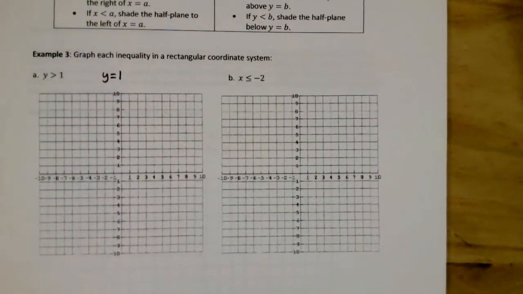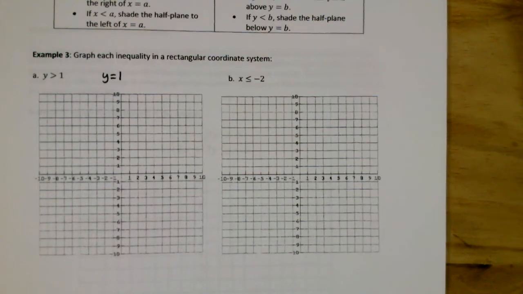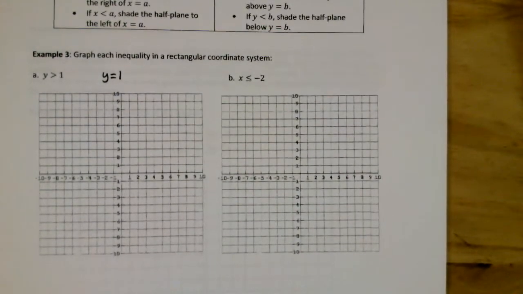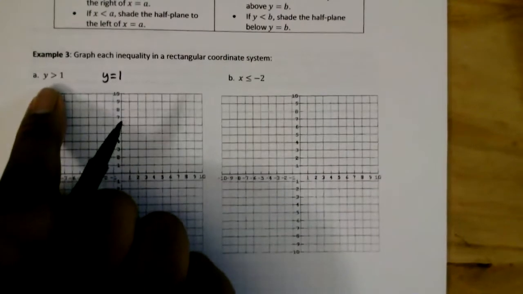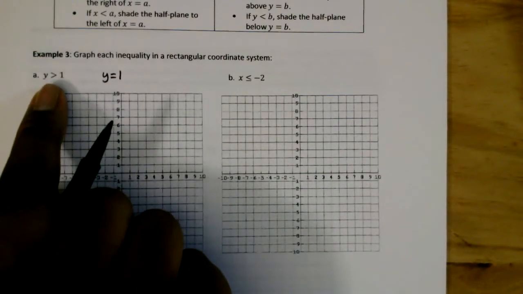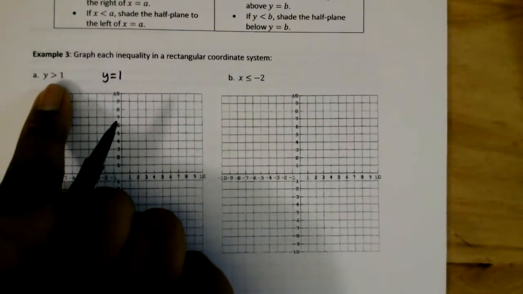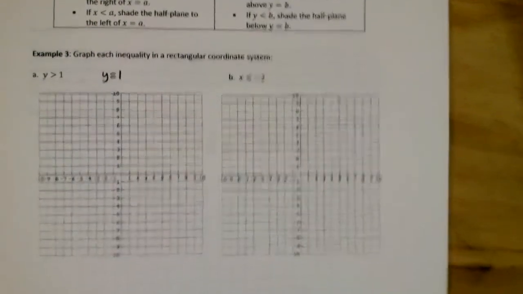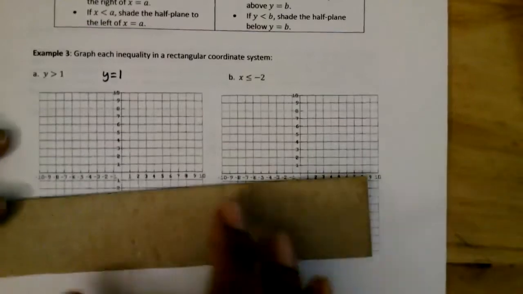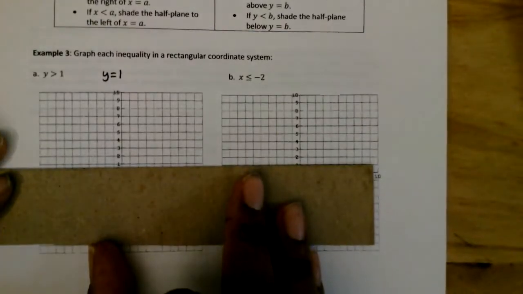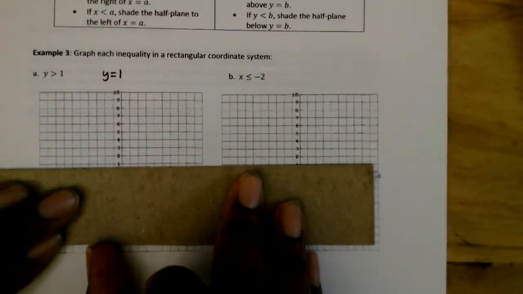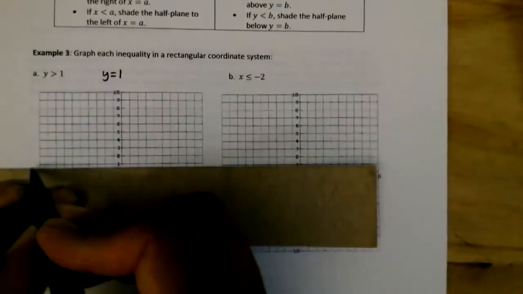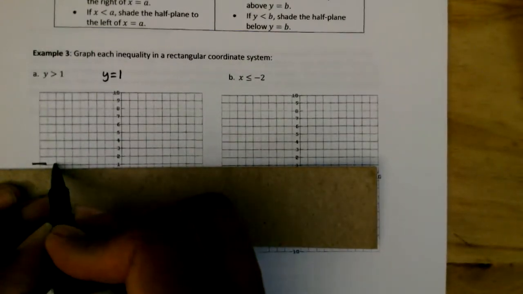And keep in mind, y equal to a constant means that your graph will be a horizontal line. And notice the inequality symbol, it says greater than. That means your line that you're going to draw will not be included. So it's a horizontal line because it's y is equal to something, but since it's greater than, we're going to do a dashed line.